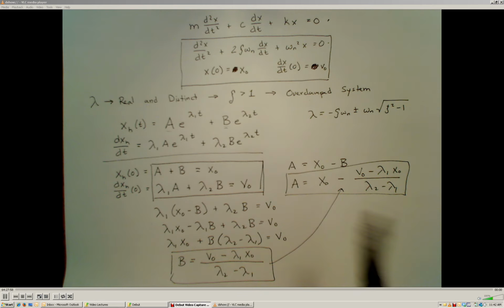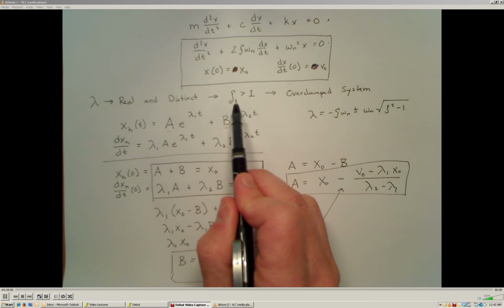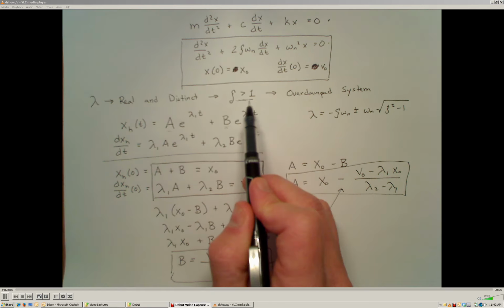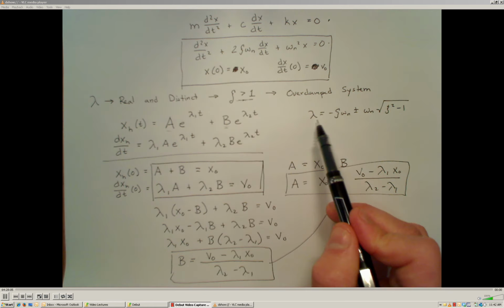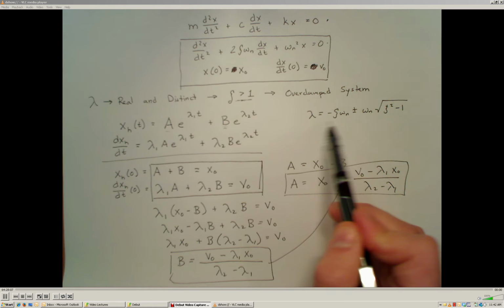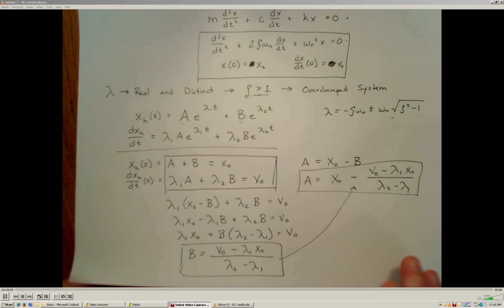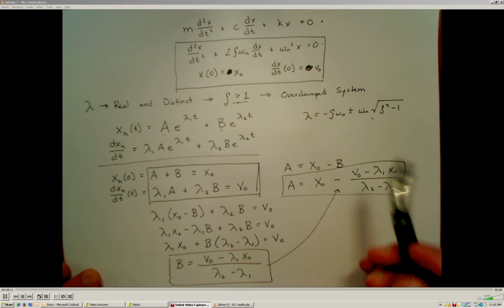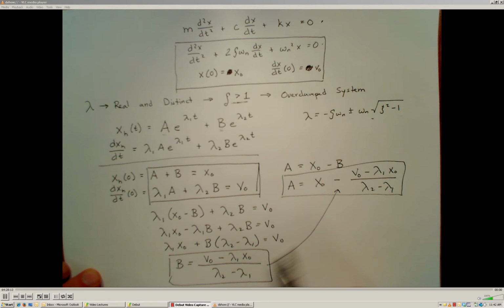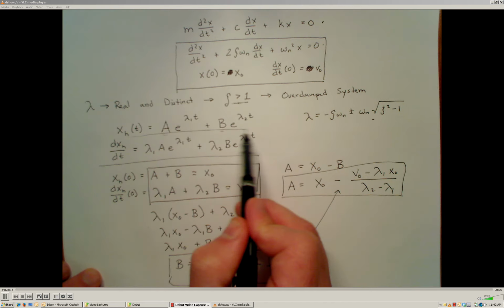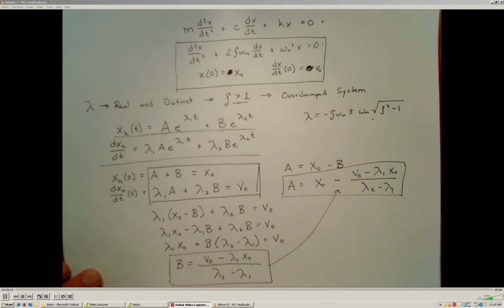So again, we need to determine if the system is overdamped. If our damping ratio is greater than 1, we can determine the eigenvalues using this equation. After we determine the eigenvalues, we can substitute them along with the initial conditions into these two equations, and then substitute those values back into the general homogeneous solution form.